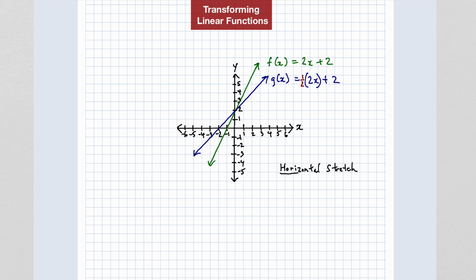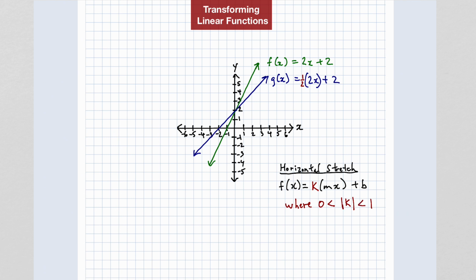So horizontal stretch has the following equation. F of x is equal to k times the mx plus b, except this time it's where the absolute value k is greater than 0 and less than 1.